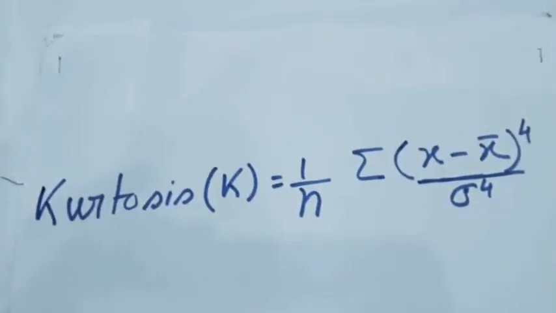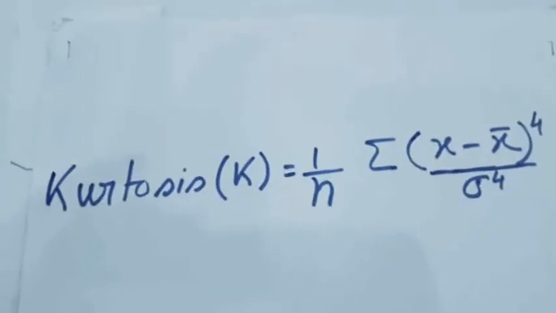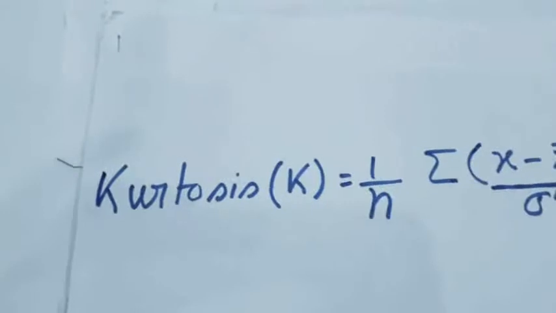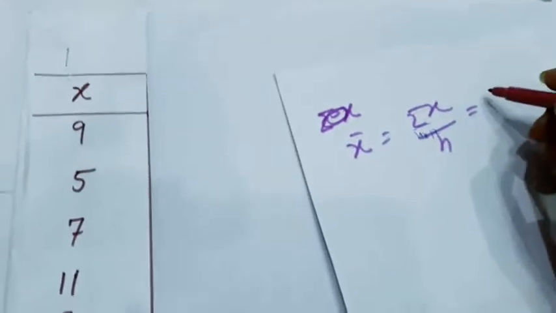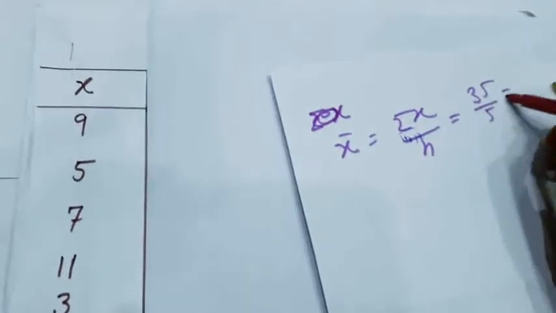Sum of x divided by number of observations. X bar equals sum of x divided by n. What is sum of x here? 35. 35 by 5 equals 7.